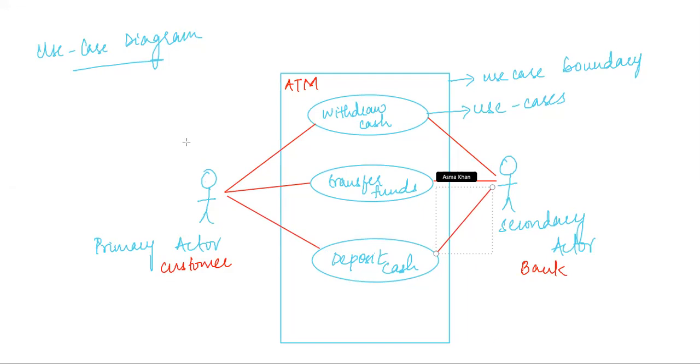Now you can also have another person, another actor, if we add in here. If I'm adding another actor in here, name this person the maintenance person. Let's add a use case for this maintenance person.